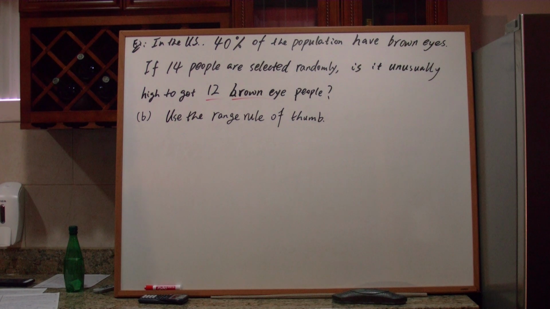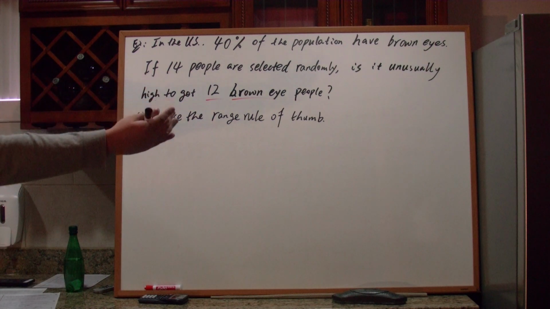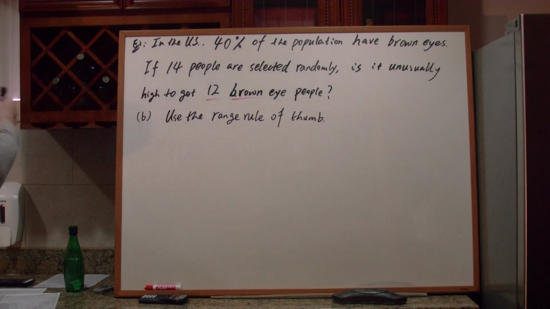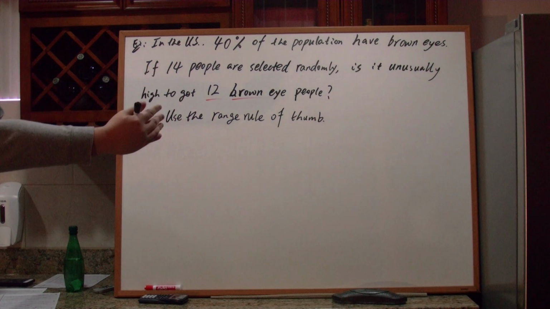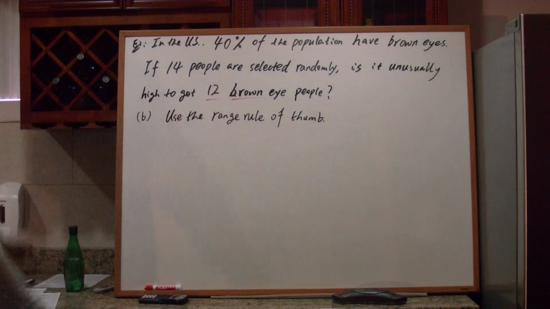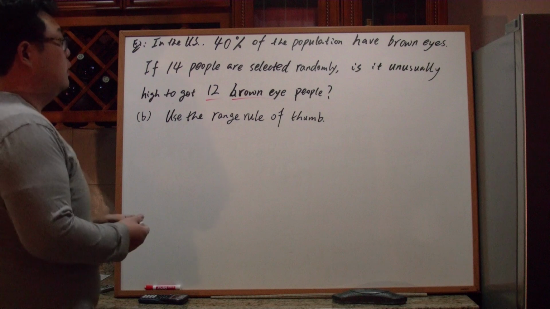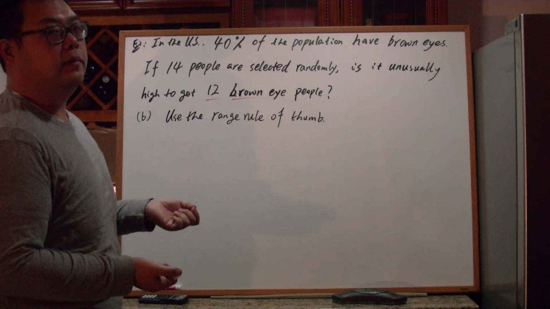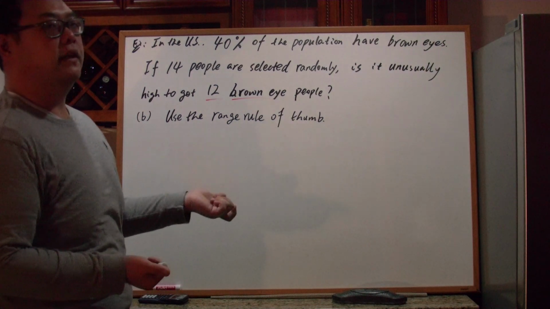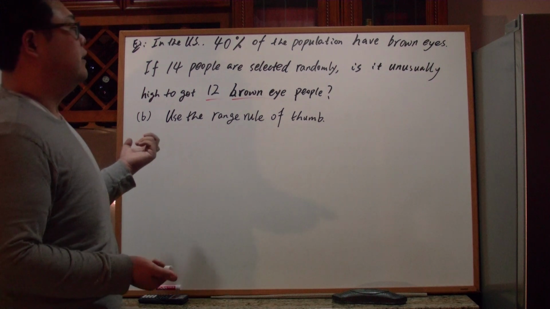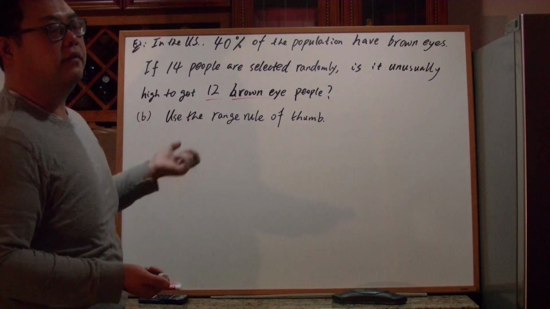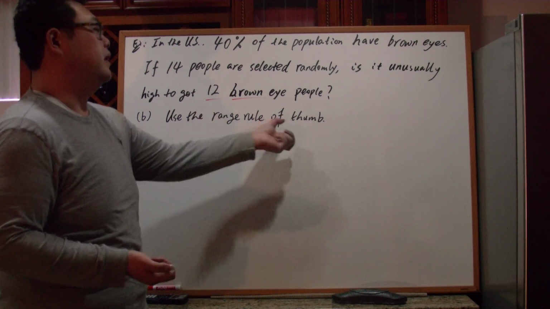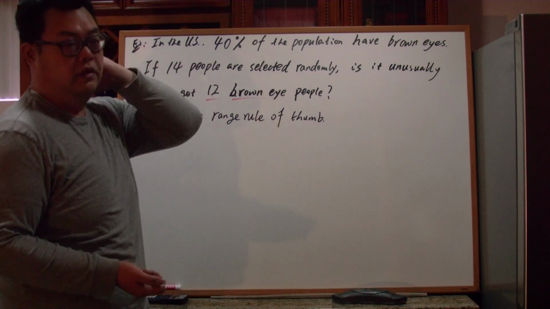For part B, I use the range rule of thumb. The range rule of thumb means the usual range is within 2 standard deviations of the mean. Out of that range, the values are unusual. So we need to find the mean and the standard deviation, and 2 standard deviations less and 2 standard deviations more than the mean will be the cutting values for the range.